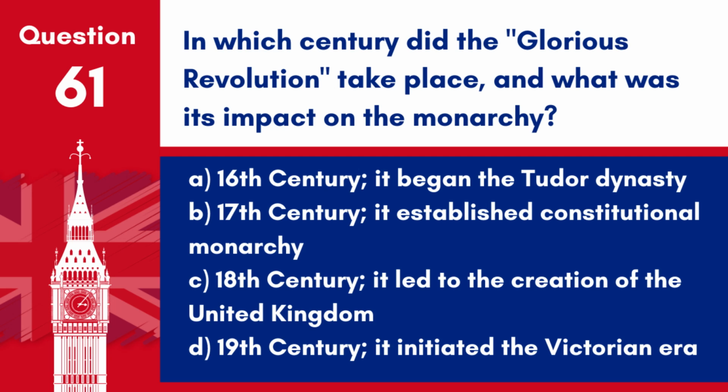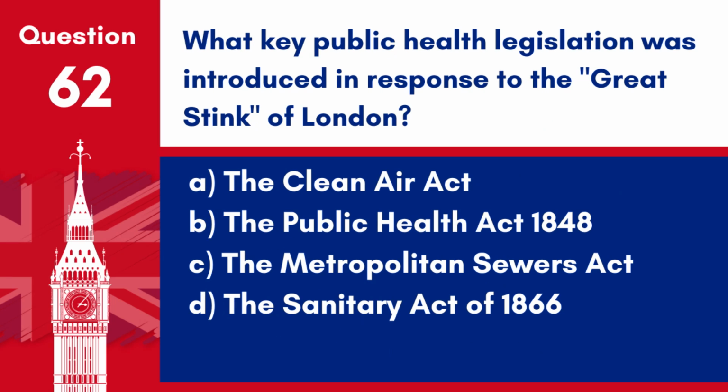It initiated the Victorian era. Answer: B. 17th century. It established constitutional monarchy. The Glorious Revolution of 1688 significantly diminished the power of the monarchy and laid the foundation for a constitutional monarchy in Britain.